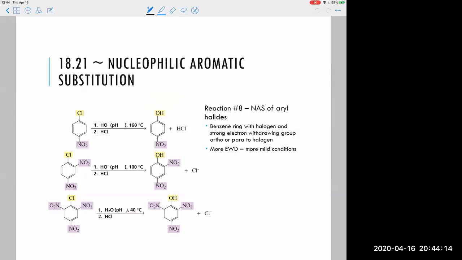So last thing here is to talk about the effects of these substituents for our nucleophilic aromatic substitution reactions, right? One of the things to keep in mind is that before we were talking about nitro groups as deactivators because they were withdrawing electrons.